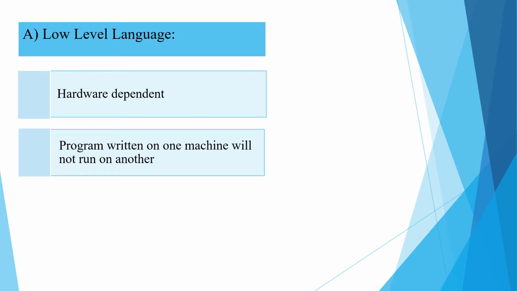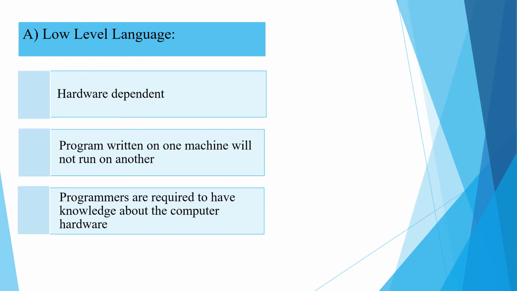Next feature is that the program written for one machine will not run on another, which means it is non-portable. The program written on one machine will not execute on another machine. For that purpose, we have to make some changes. So it is not portable. And programmers are required to have knowledge about the computer hardware.